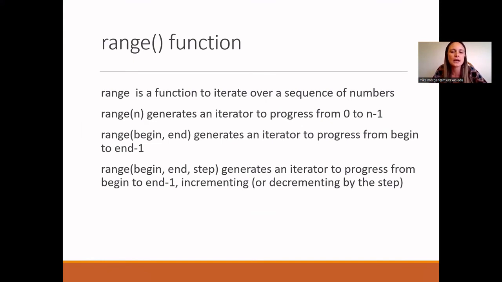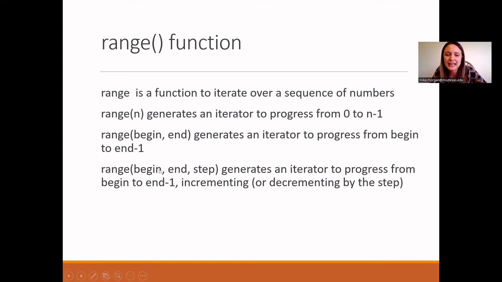Okay, so instead of a while loop, which is just going to run as long as the conditional is true, we can use range to say, I want you to go through a range of this number of items, this sequence of numbers. So I can give it a beginning and an ending range, or I can just give it a 0 up to the number, or I can get really fancy.